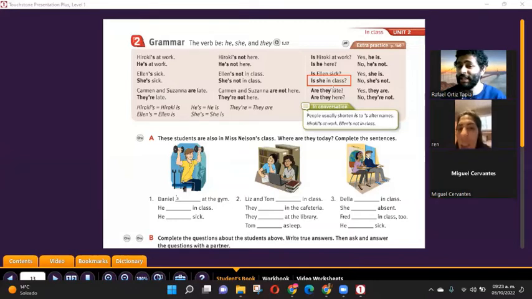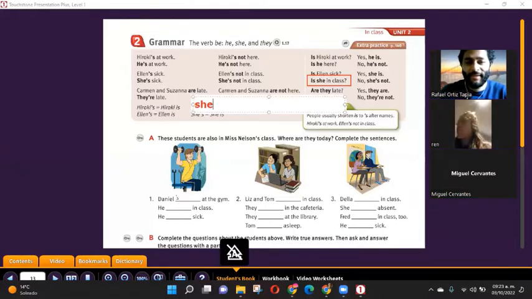O sea, lo pegas todo, ¿no? Mi punto es que aquí siempre se pega. Ish, se pega esta S con esta SH y dices ish. Is she in class? Bueno, ahí hay dos maneras. Puedes decirlo en la forma afirmativa: she's in.